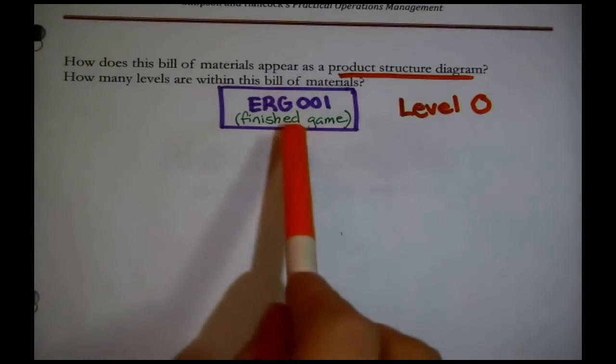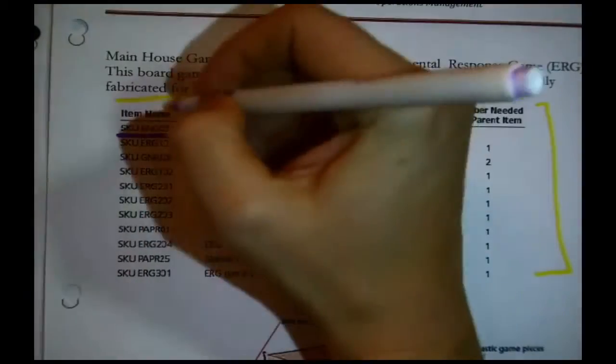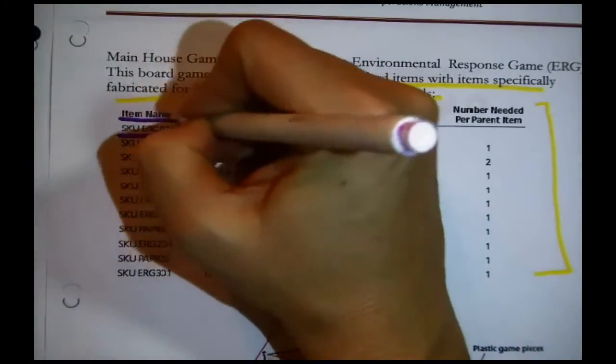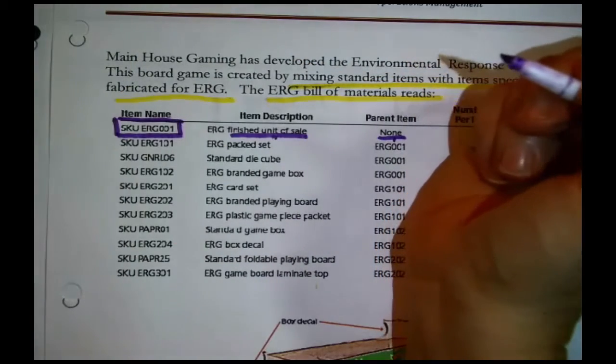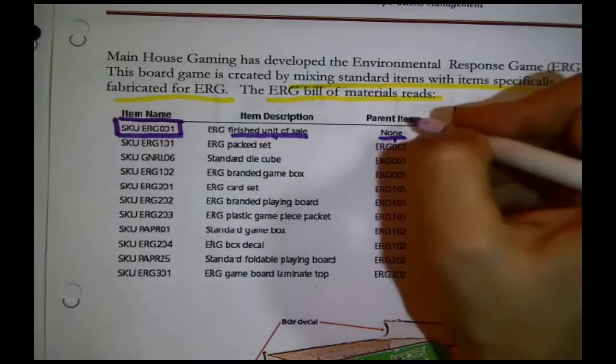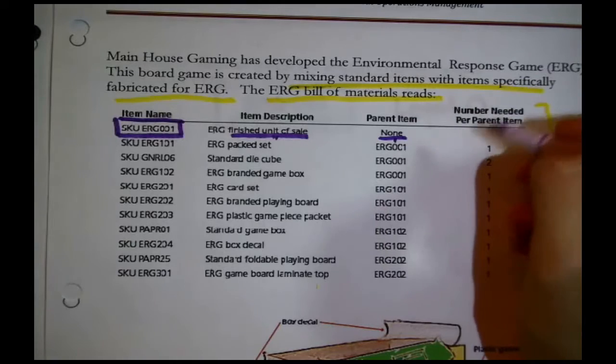Now that we have that, in the case of this particular scenario, that was the only finished good. It's the only thing without a parent that's listed here. Okay, fine. What do we do now? We go looking for everybody that has ERG001 as a parent. And I actually see a string of them right here.